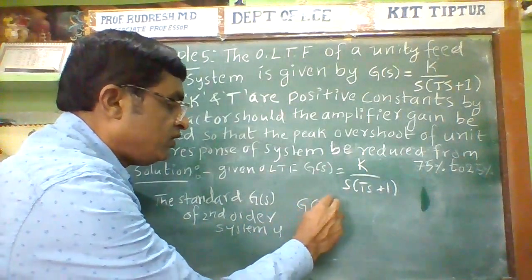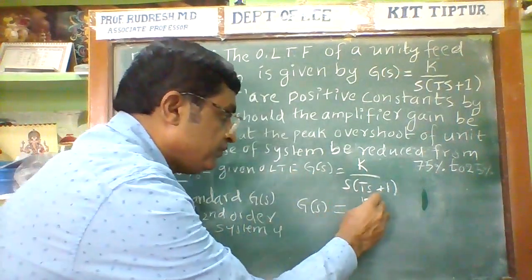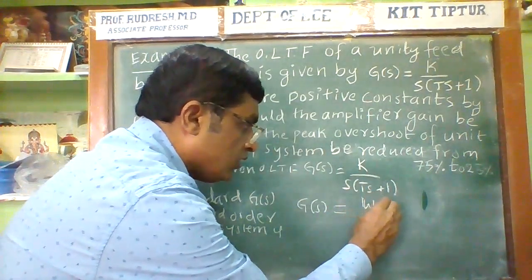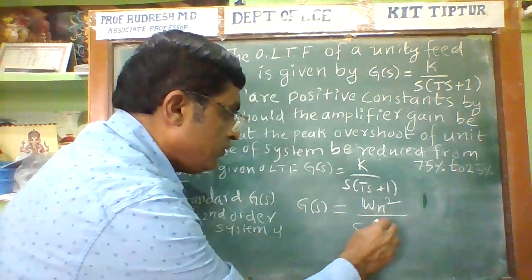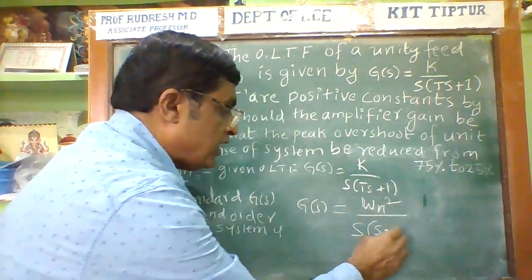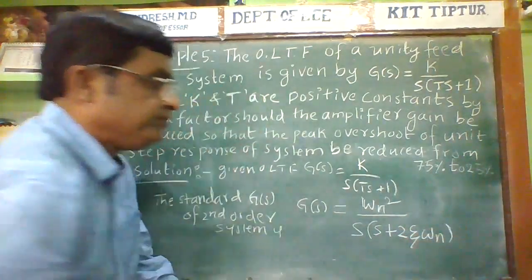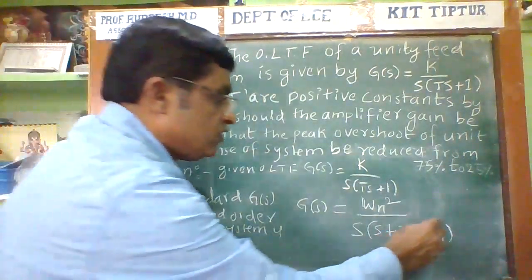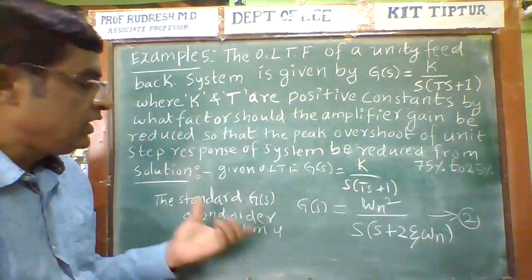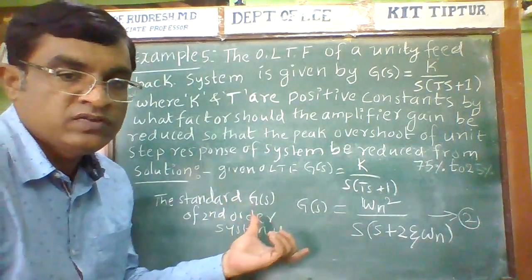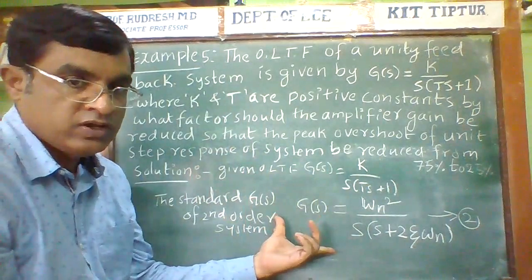G(s) is equal to omega n square divided by s into (s plus 2 zeta omega n). This is the standard value of G(s) of the second order system.